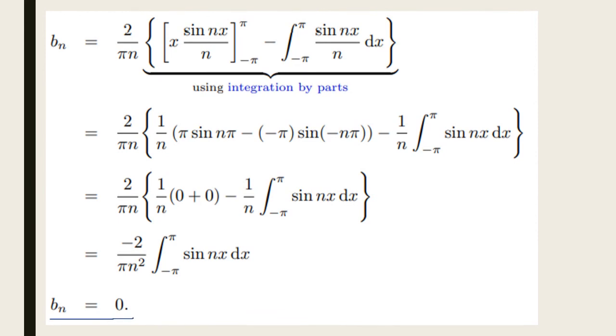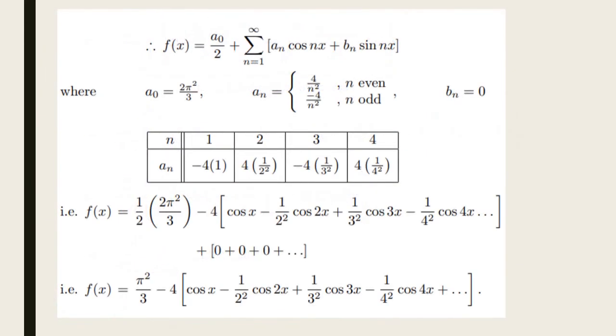Now, substituting the coefficients we solved earlier into this formula. We have a naught equal to 2 pi squared over 3, a sub n equal to 4 over n squared if n is even and negative 4 over n squared if n is odd, and b sub n equal to 0. We saw that earlier.